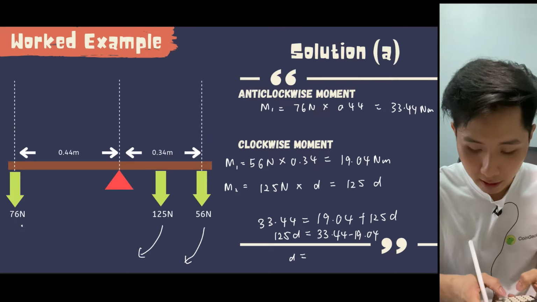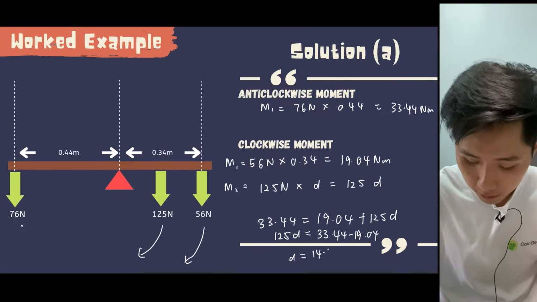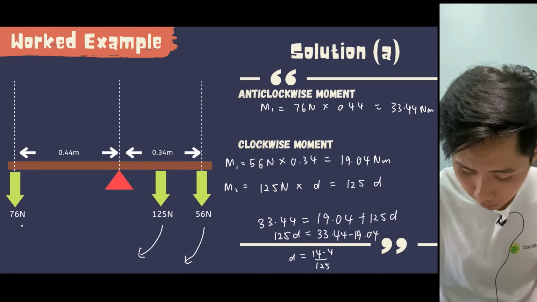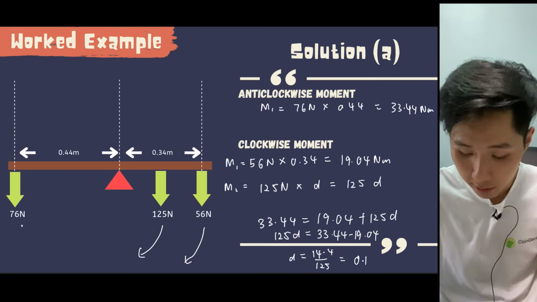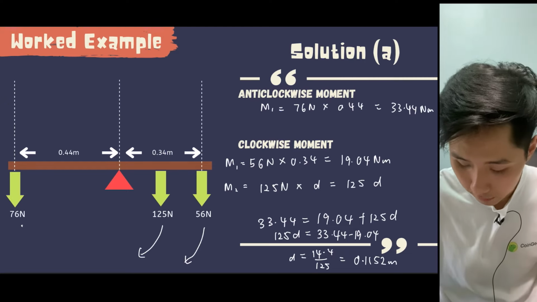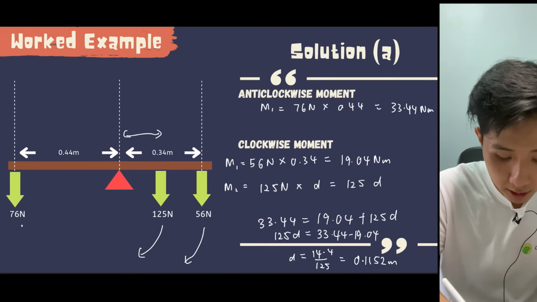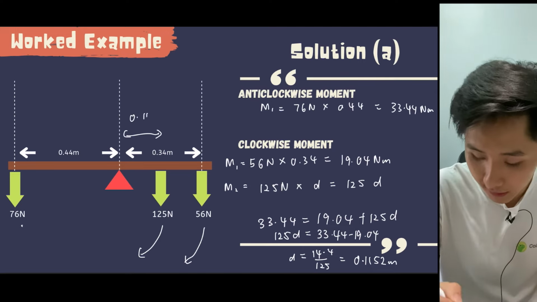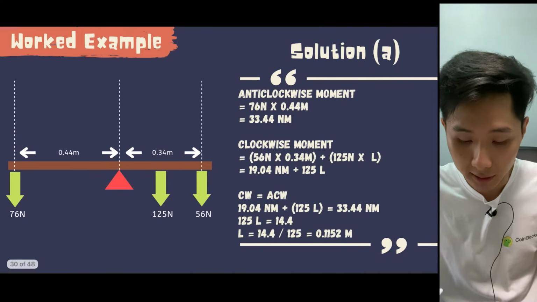Then I'll calculate the value here. I'll get 14.4 divided by 125. And the final answer should be 0.1152 meter. And that means this 125 Newton should be placed exactly at 0.1152 meter for this ruler to be balanced.